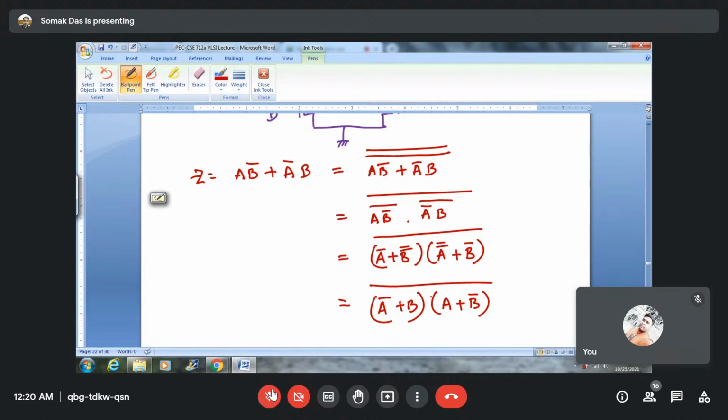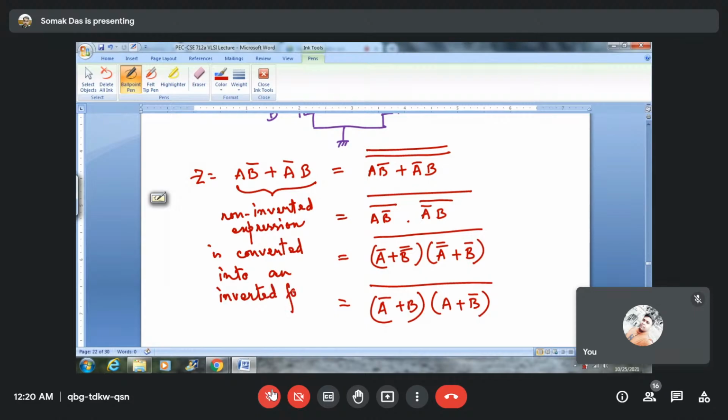Now you have got an expression below a single inversion bar. So now this non-inverted expression is converted into an inverted expression or into an inverted form, which is this one.